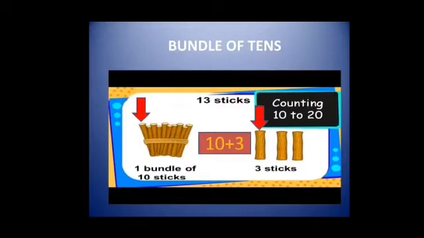We will write 1 in tens column and 3 in ones column. Why do we write like that? We have 3 separate sticks, that is 3 ones, so we represent 3 under ones column. We have 1 bundle, that is 1 ten, so we represent 1 under tens column.